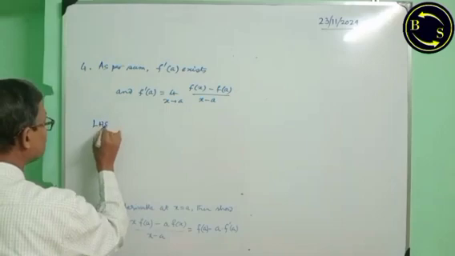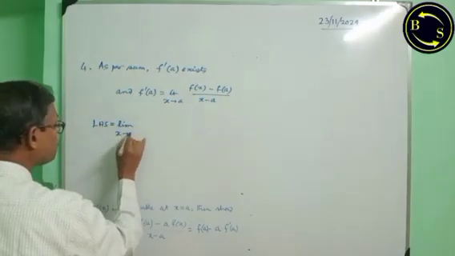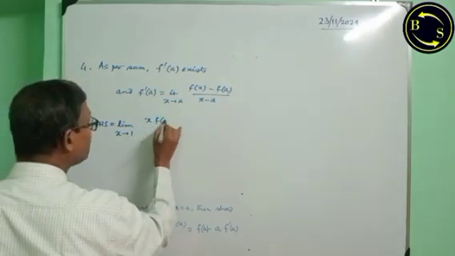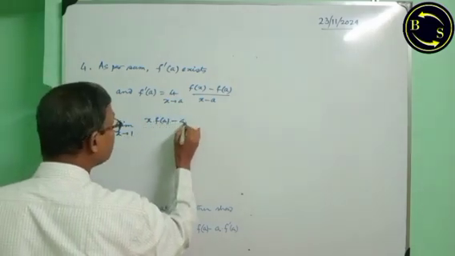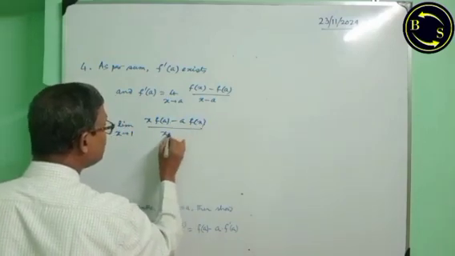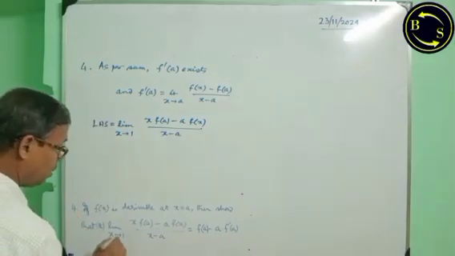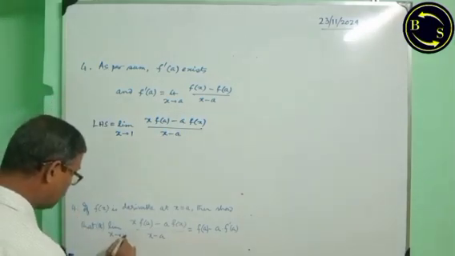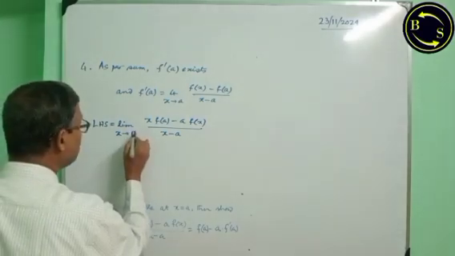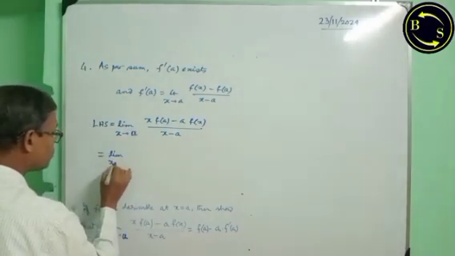LHS is equal to limit x tends to a of (x f a minus a f x) by (x minus a).